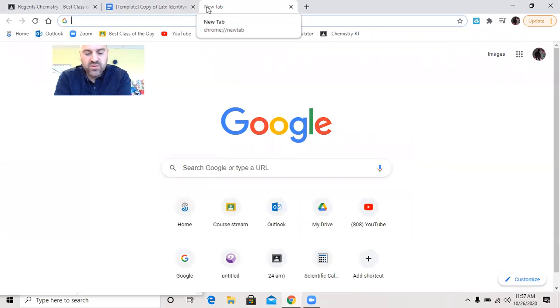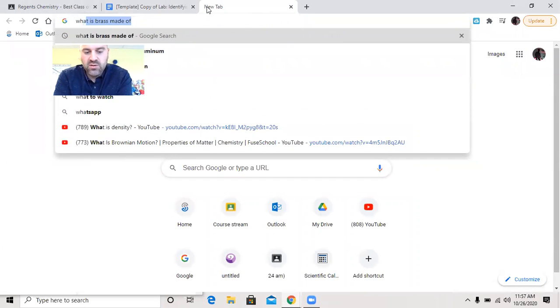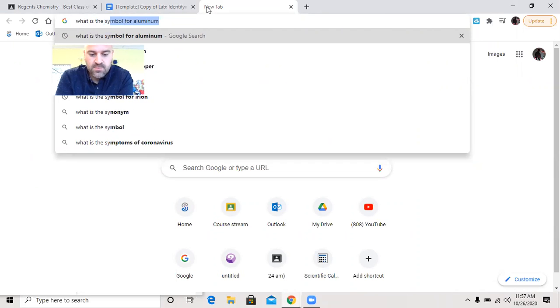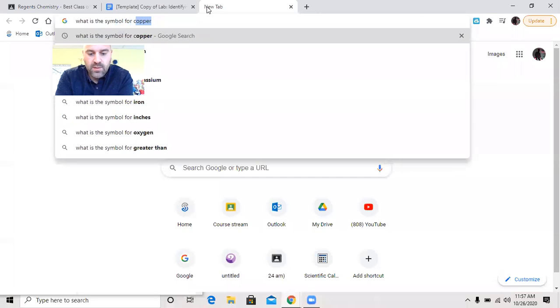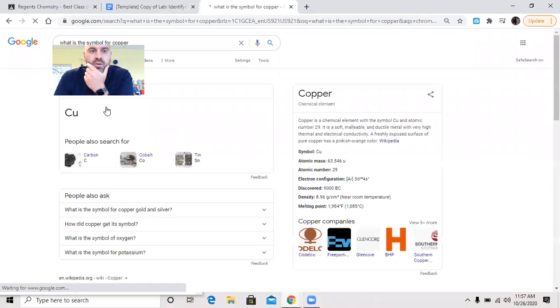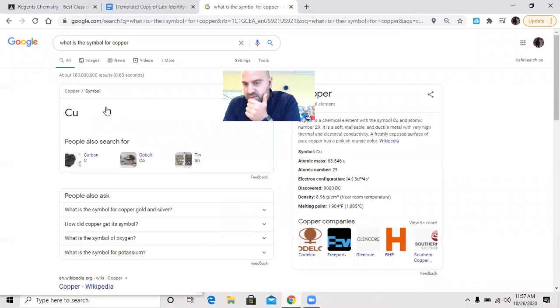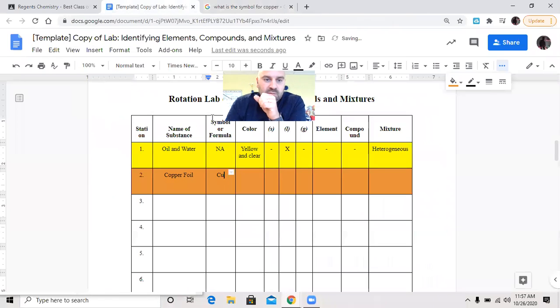If you want to know the symbol for an element, you just open a new tab, type in symbol for copper, put it into Google, and you get the copper symbol. Cu. Cu is not cobalt, Cu is going to be copper. Once you use these more and more, you'll get better and better at identifying elements.